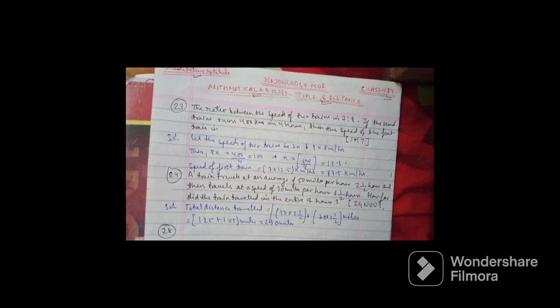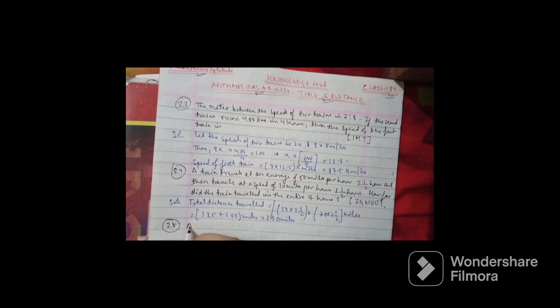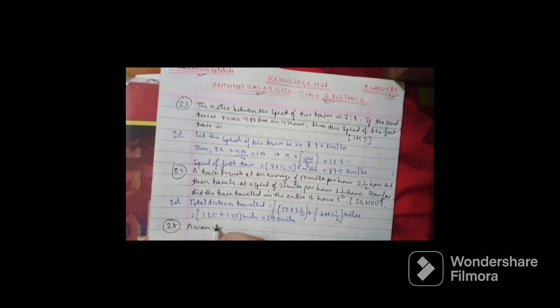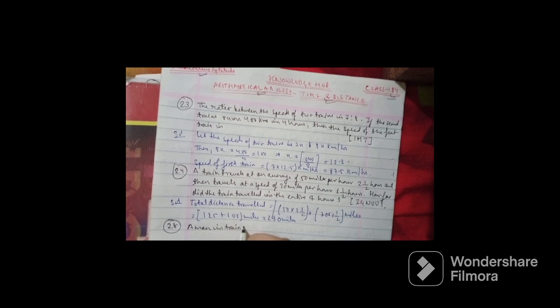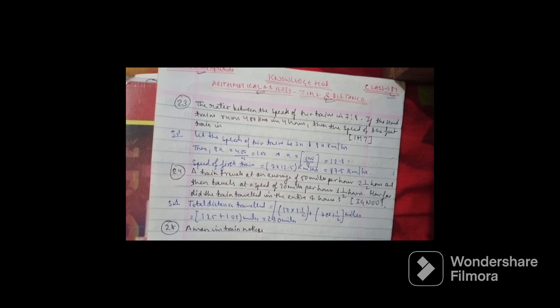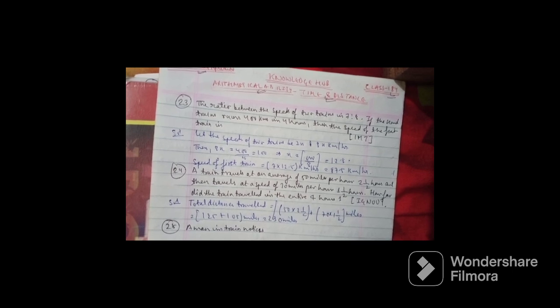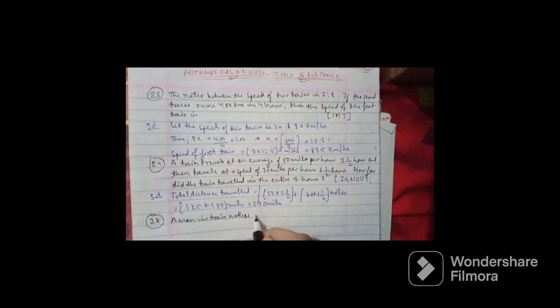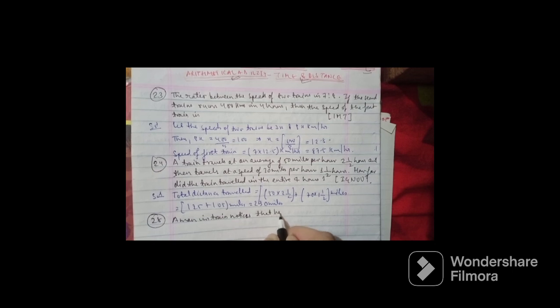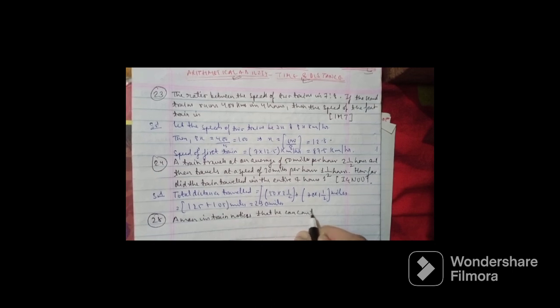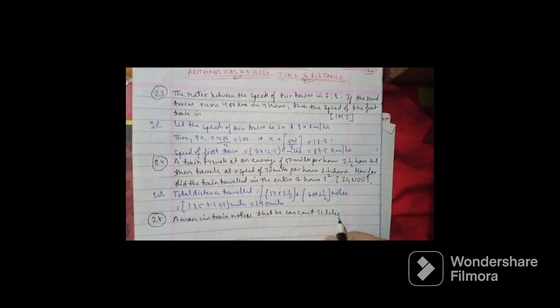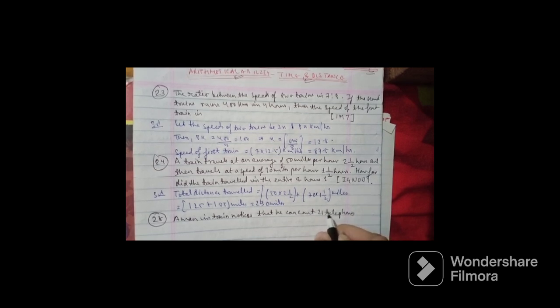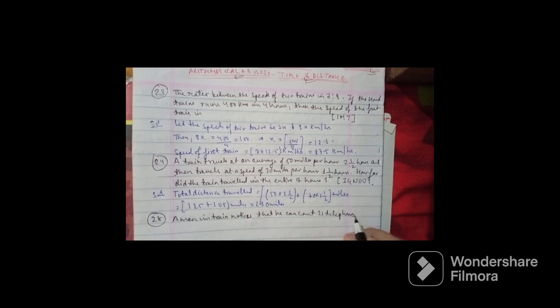Here, a man in a train notices that he can count 21 telephone posts in 1 minute.